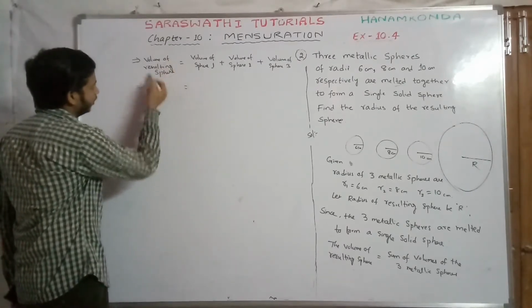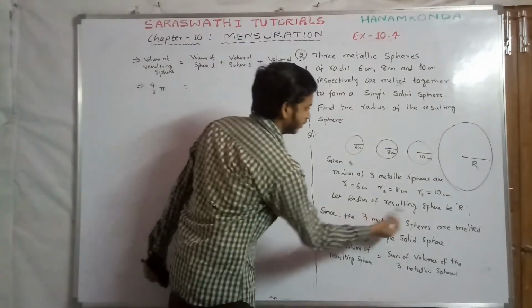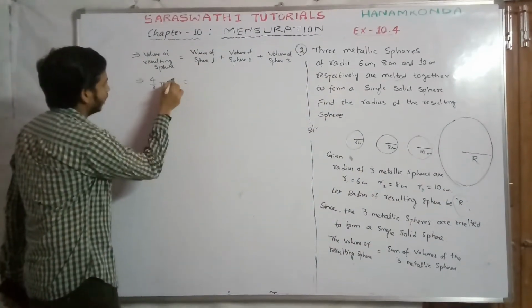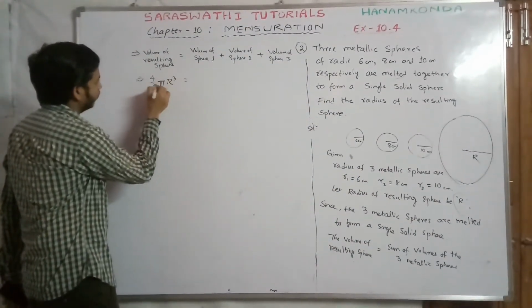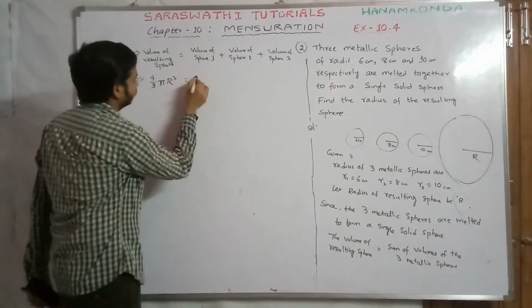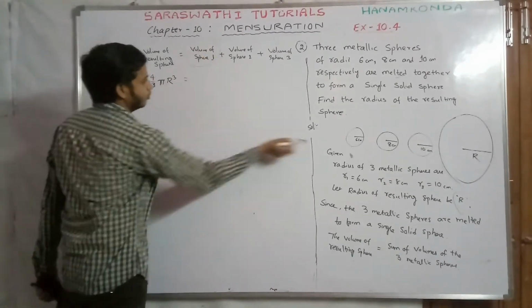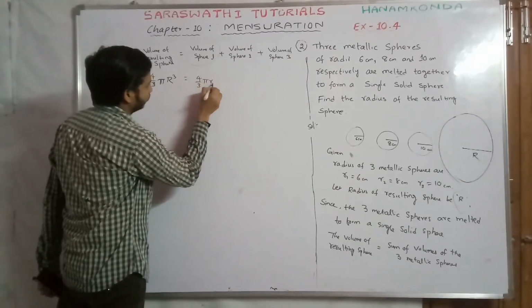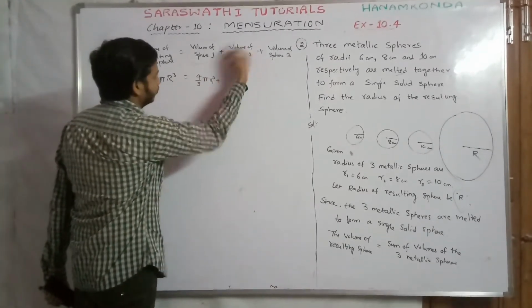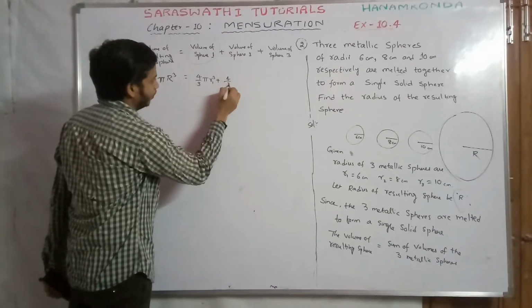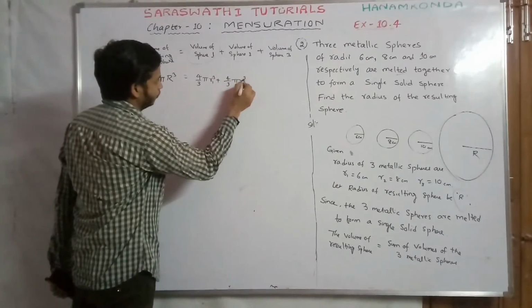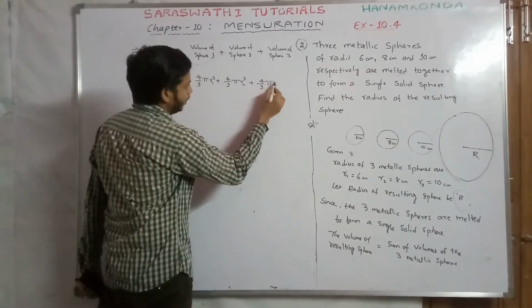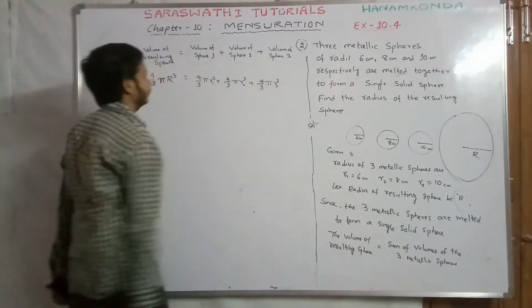So 4 by 3 pi R cube is the volume of the resulting sphere, since we have taken capital R as its radius. This equals the volume of the first sphere, 4 by 3 pi r1 cube, plus the volume of the second sphere, 4 by 3 pi r2 cube, plus the volume of the third sphere, 4 by 3 pi r3 cube.